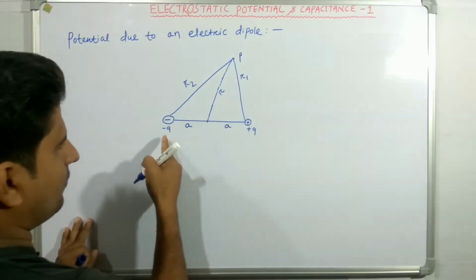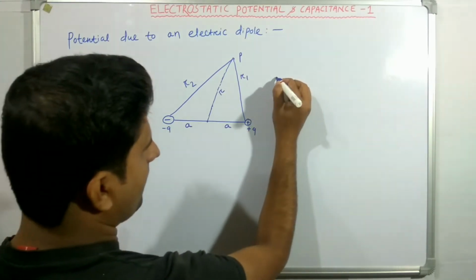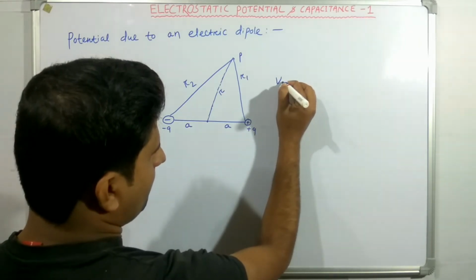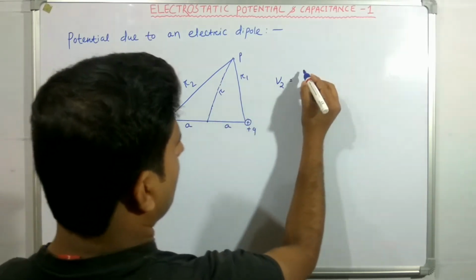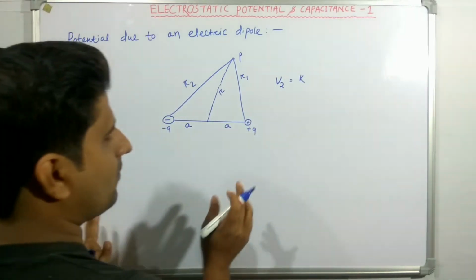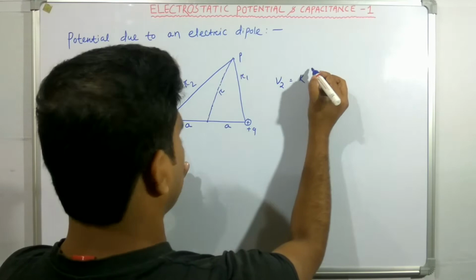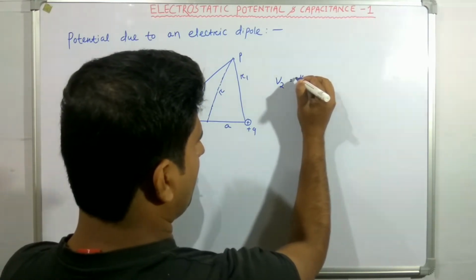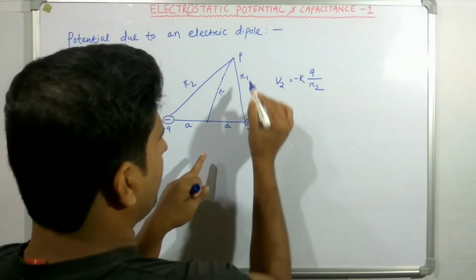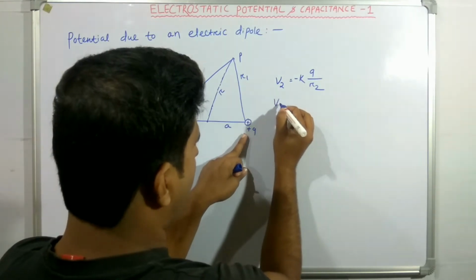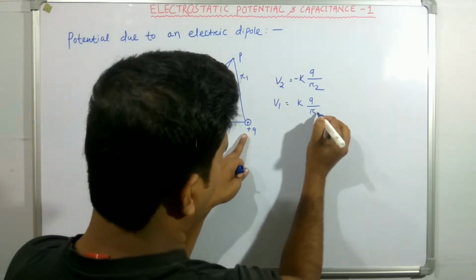Potential at P due to the negative charge, suppose V2, equals K times minus Q by R2, where K is 1 by 4 pi epsilon naught. And potential at P due to the positive charge, suppose V1, is K Q by R1.